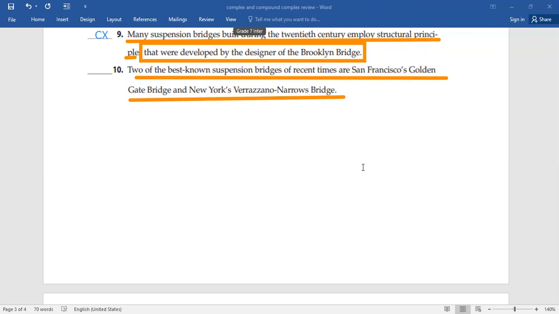Compound. Okay, do you have any fanboys joining sentences? Or do we have any semicolons joining sentences? Okay, remember the fanboys are?